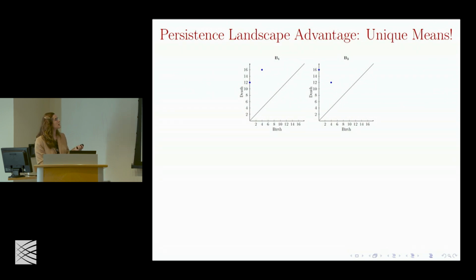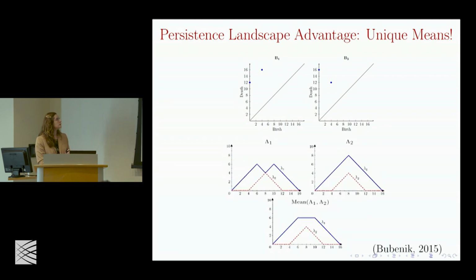So anyway, I was saying we have unique means with persistence landscapes. If we take the 2 diagrams from before, which did not have a unique mean, and we calculate their 2 respective persistence landscapes, we do get a unique mean here. And so now we can unlock a lot of those statistical tools that we want to use, including hypothesis testing.